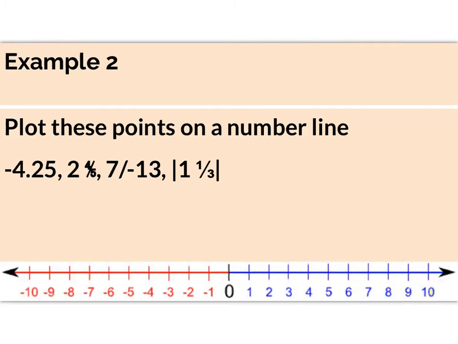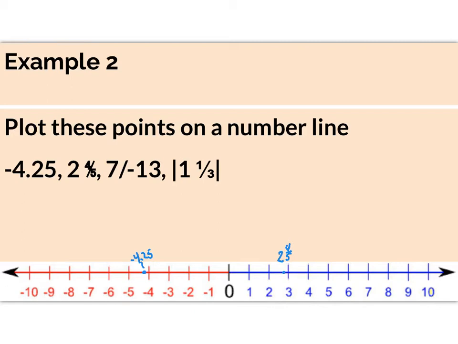Negative 4.25 is greater than 4 in magnitude, so it's to the left. Negative 4.25, it's right there. 2 4/5. 4/5 is close to 5/5, so I'll say that that one is closer to 3. 2 4/5. Negative 7 over 13. 7 is smaller than 13.